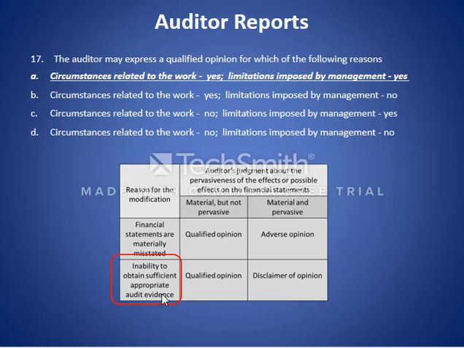If you can see here with the circle, both these items relate to the inability to obtain sufficient and appropriate audit evidence. So this would result in a qualified opinion. So the answer would be yes for A, because it pertains to both the circumstances related to work and the limitations imposed by management. Let's try question number 18.